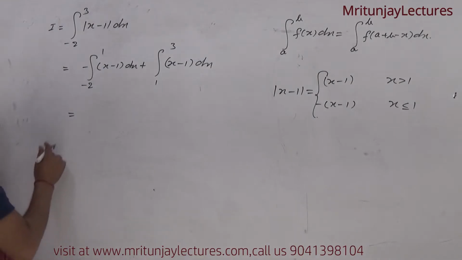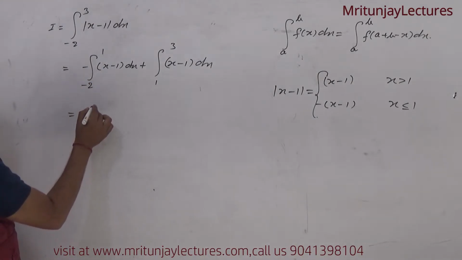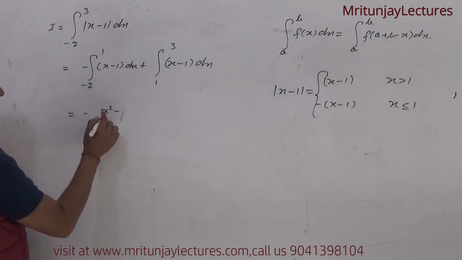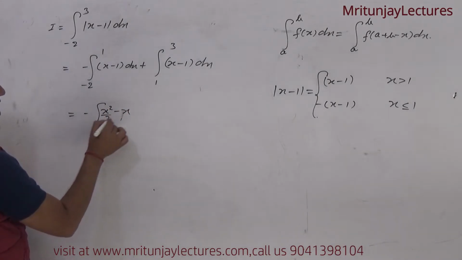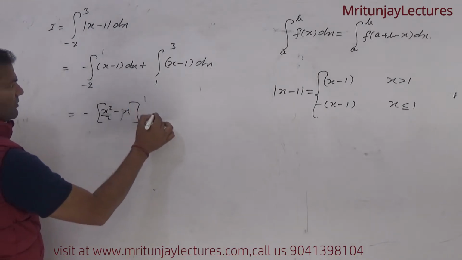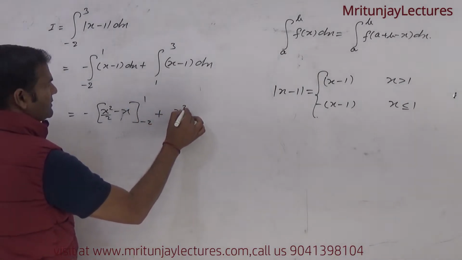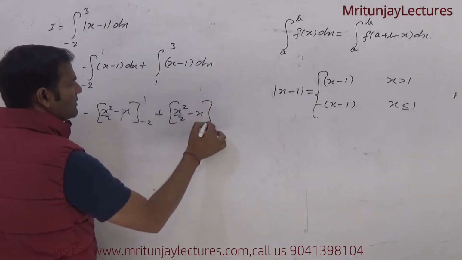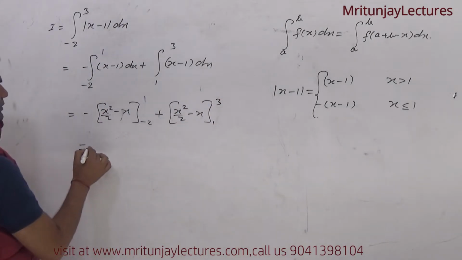So now integrating this, we get minus of x square by 2 minus x from minus 2 to 1, plus x square by 2 minus x from 1 to 3.